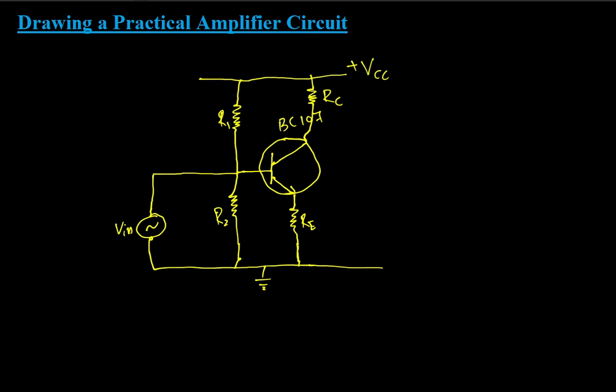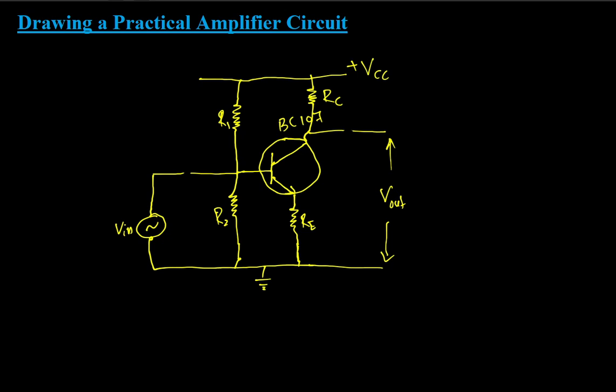Also we have to take the output. Usually we will take the output across the collector and emitter. So here we are taking the output voltage. But in order to have isolation of DC voltages between the signal source and the circuit, we will use an input capacitor here, and also we need a coupling capacitor here.